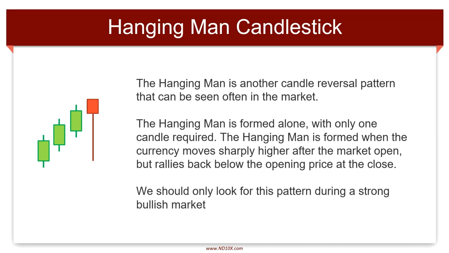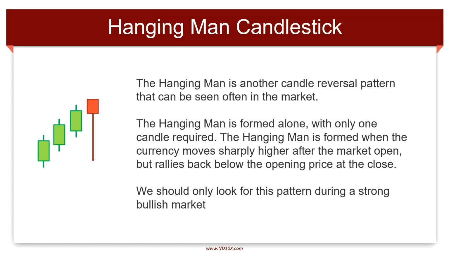Hanging man candlestick. The hanging man is another candle reversal pattern that can be seen often in the market. The hanging man is formed alone, with only one candle required. The hanging man is formed when the currency moves sharply higher after the market opens, but falls back to the opening price at the close. We should only look for this pattern during a strong bullish market.